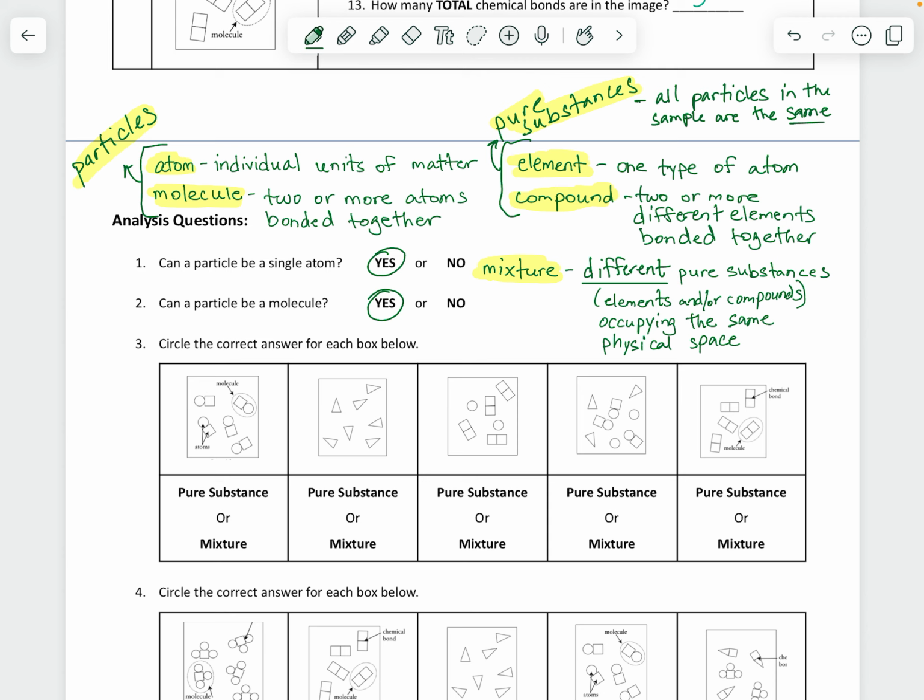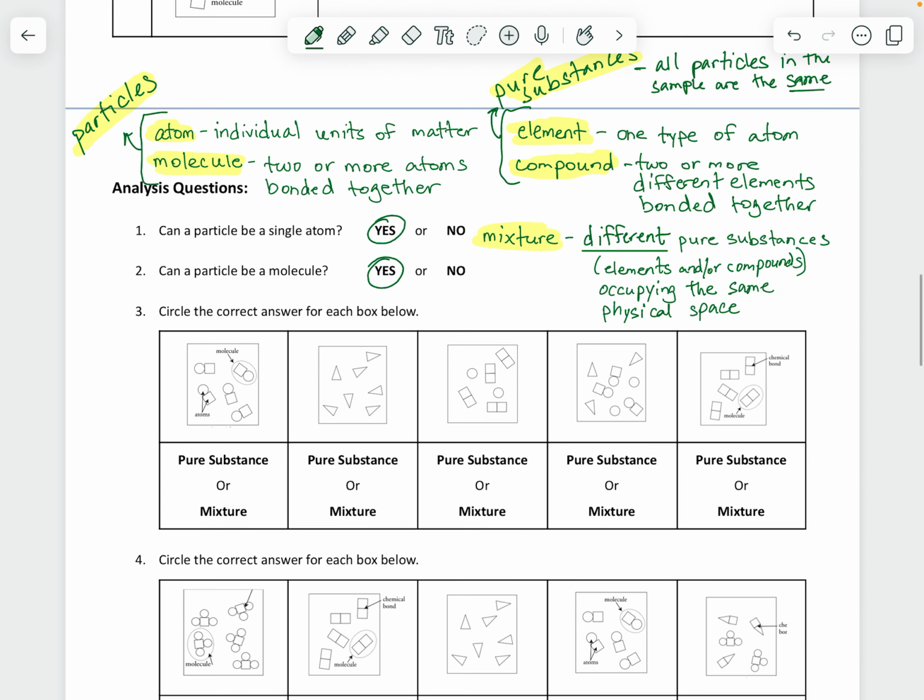So in terms of the vocab of this unit, we learned a lot about the different classifications of matter last class and different vocabulary terms. And so I have these all here as a little one-stop shop so that you don't necessarily have to go back and go through the note sheet just to complete the rest of this.